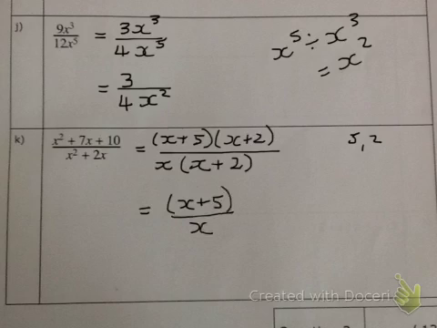We call it cancelling, and you can only do it when you're multiplying on the top and the bottom. Final answer, x plus 5 over x, written like that or even without the bracket for the top. Both are correct. x plus 5 over x.